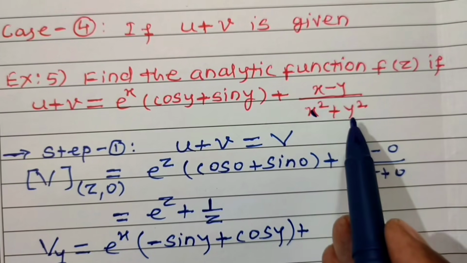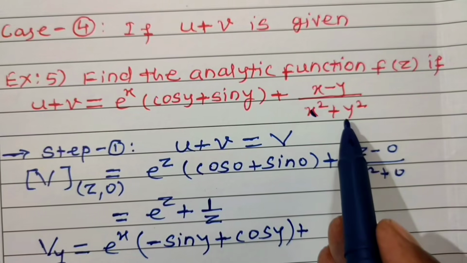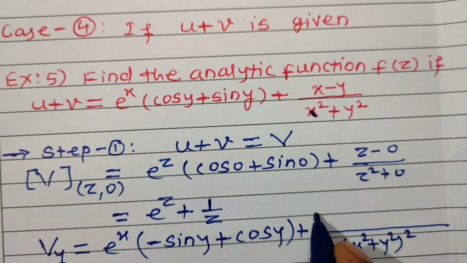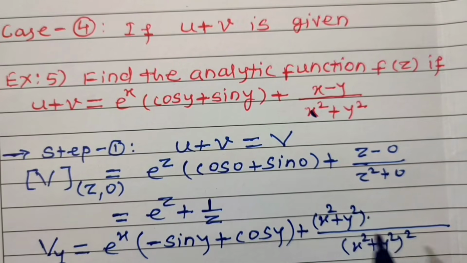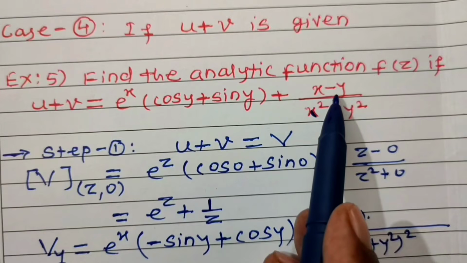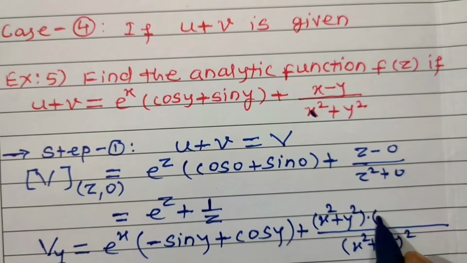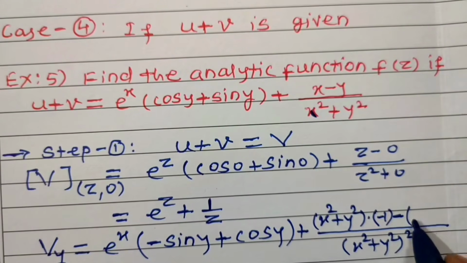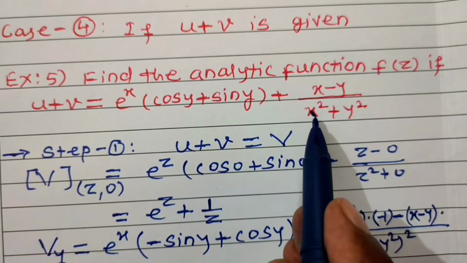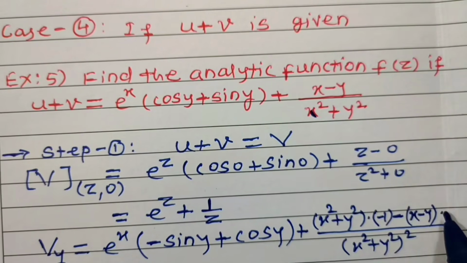Numerator and denominator both contain functions of y, so denominator squared, denominator as it is into derivative of numerator with respect to y. Derivative of x is 0, derivative of minus y is minus 1, minus numerator as it is into derivative of denominator with respect to y. Derivative of x square with respect to y is 0, derivative of y square with respect to y is 2y.